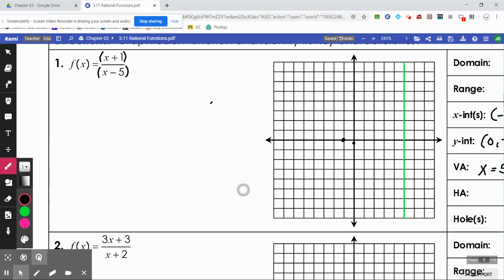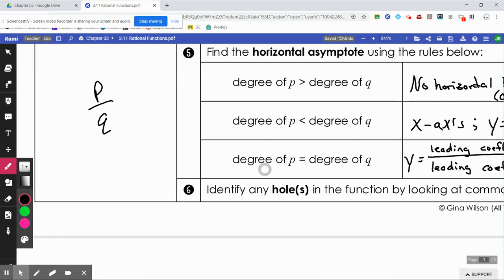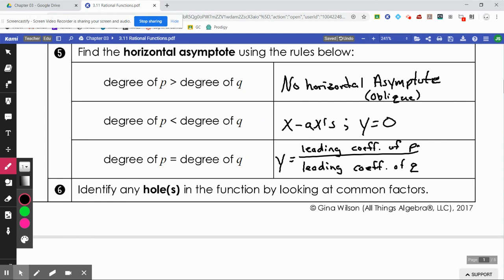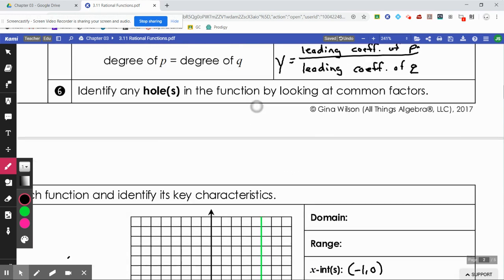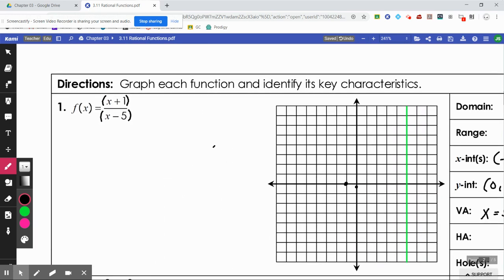Finally, let's find our horizontal asymptote. Okay, your horizontal asymptotes, let's scroll back up and remind you. You have to look at the degree. If the degree of the top is bigger, there's not going to be one. If the degree of the top is smaller than the degree of the bottom, then y = 0. If the degrees are the same, then you're going to look at the leading coefficients. In this case, the top degree is 1, the bottom degree is 1.